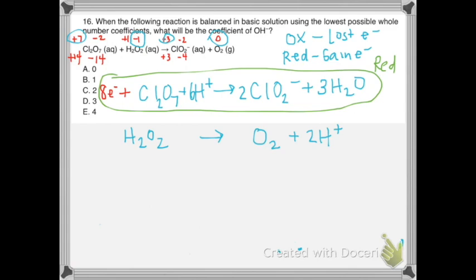Okay. So we have a neutral left and a +2 right. And so we can easily fix this problem by adding 2 electrons to the right side.